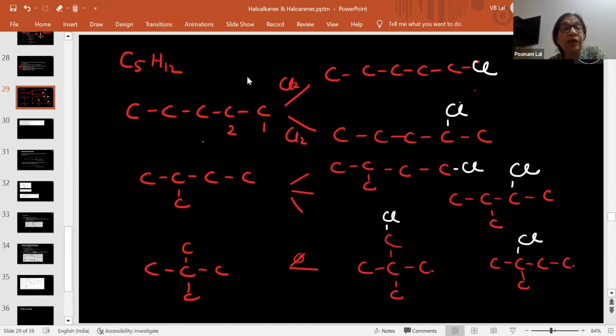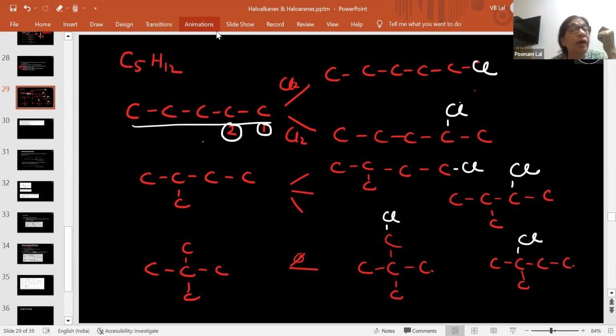What I'm trying to say is that when only one halogen has to be substituted, the number of monohalogen derivatives depends on the types of hydrogen atoms which are present. So here, this first one has two types of hydrogen atoms, primary and secondary, so I can get a primary alkyl halide and a secondary alkyl halide.